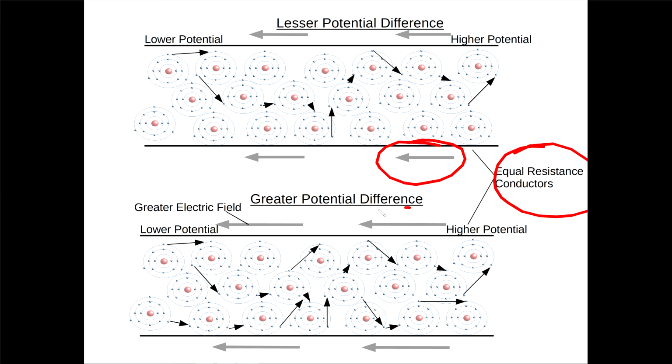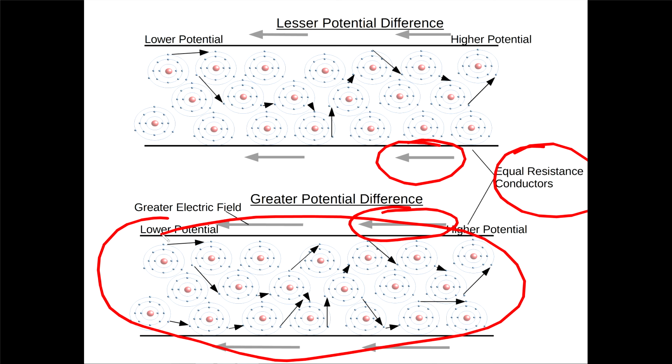The electric fields are smaller because the potential difference is smaller. And on the bottom, you have a larger electric field because it has a greater potential difference across that wire. And also, we can see that it's moving overall twice as many charge carriers, or twice as many electrons.